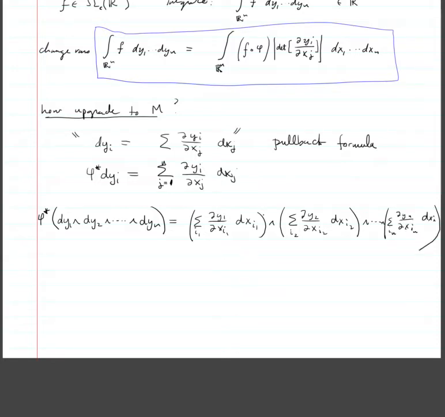Okay, and so then we need to expand out this wedge product.